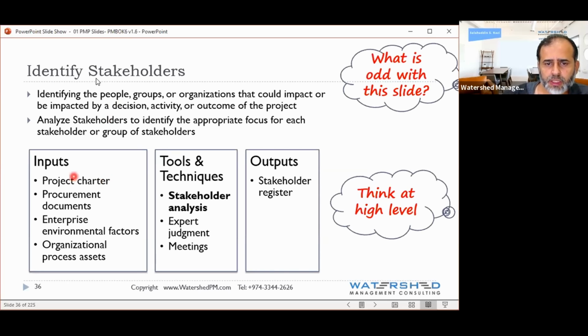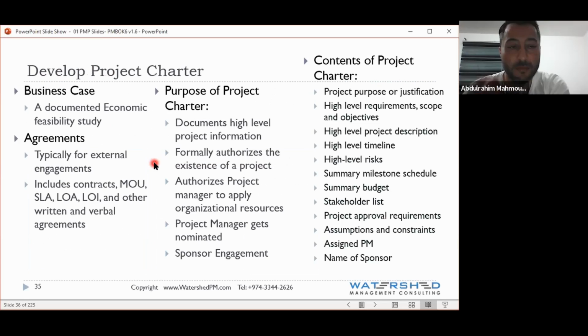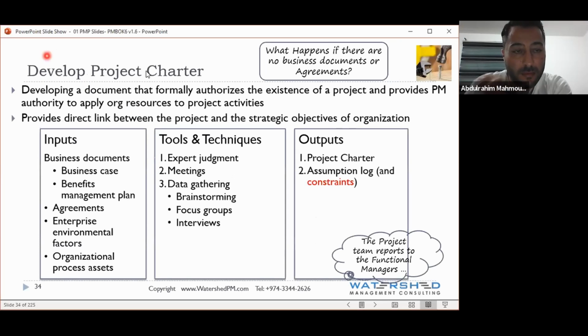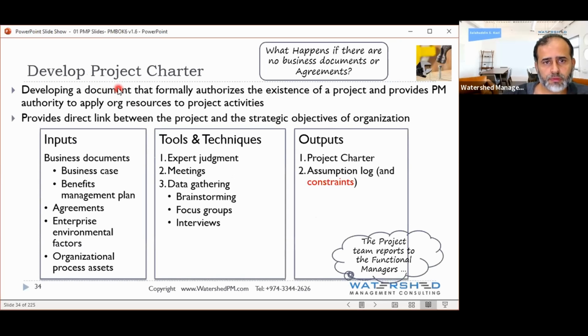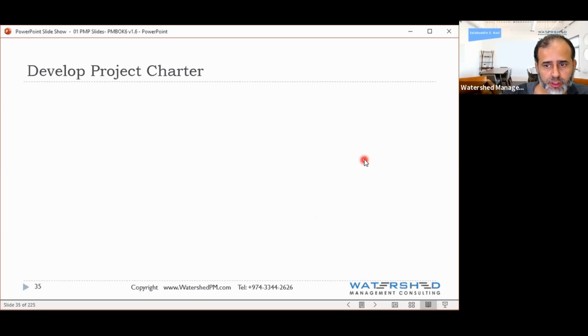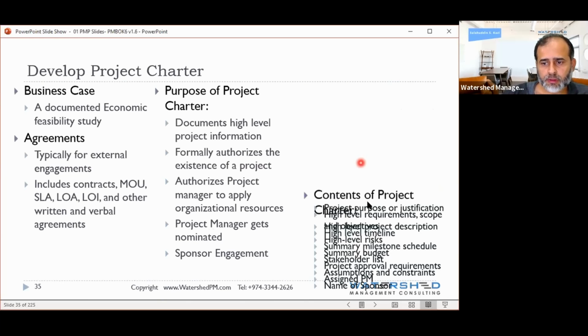I think you're saying that the idea here is to identify all stakeholders, and to do your charter, you don't have to go and talk to all stakeholders. Of course, you do meetings, and most likely everybody you're doing the meeting with is already your stakeholder. And you put in the charter also some stakeholders, right?